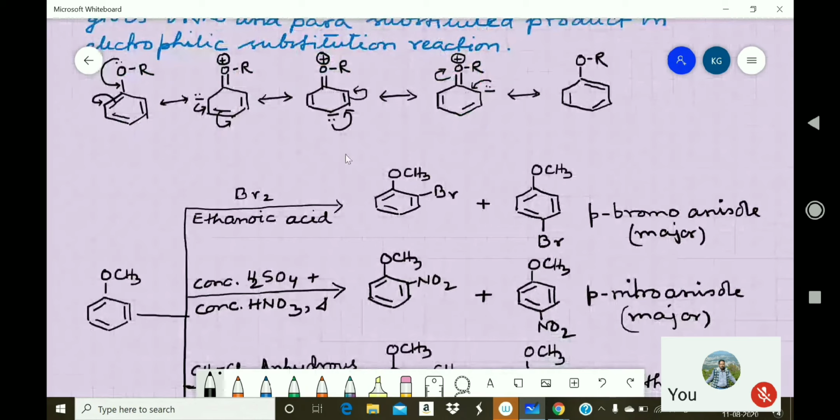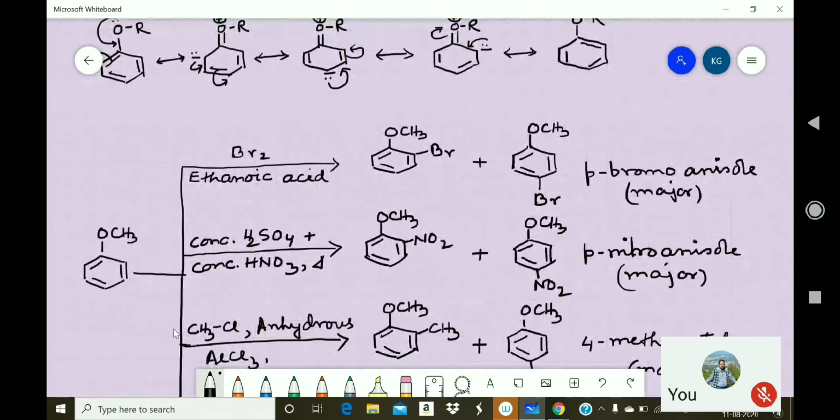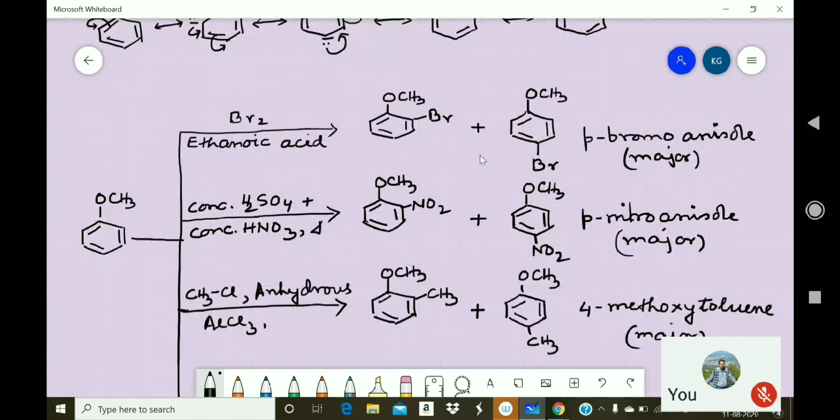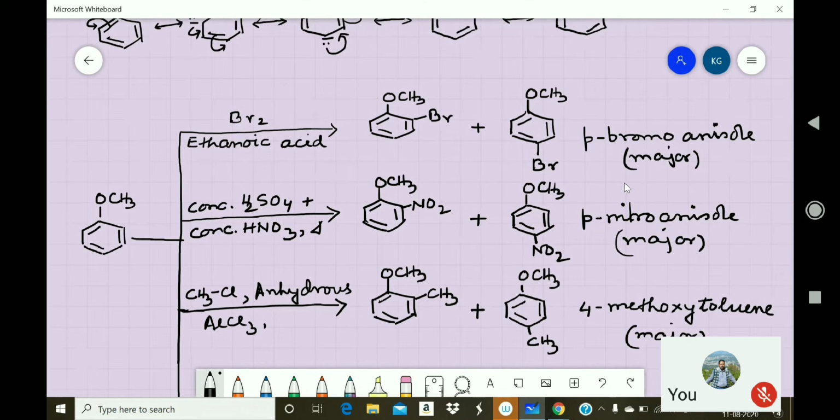And we can follow here that bromination of anisole gives ortho and para bromo substituted anisole, where we can see the major product is the para substituted one due to less steric effect. So para bromo anisole is the major product.